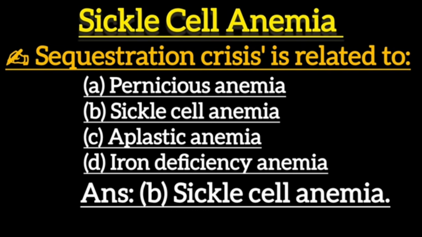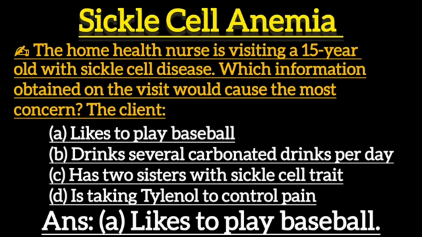Next question is sequestration crisis is related to option A pernicious anemia, option B sickle cell anemia, option C aplastic anemia, option D iron deficiency anemia. Correct answer is option B sickle cell anemia. Next one is the home health nurse is visiting a 15-year-old with sickle cell disease.